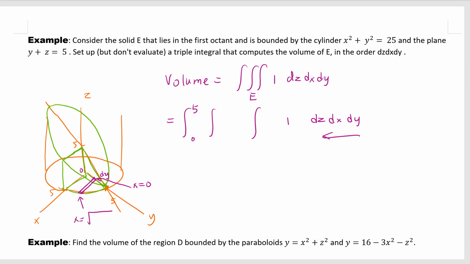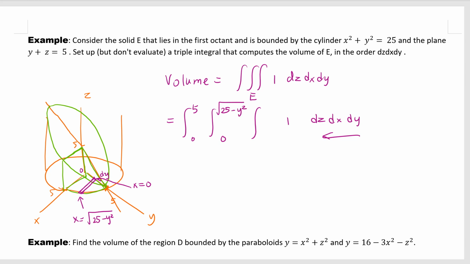So x equals the square root of 25 minus y squared. Is that okay, everybody? Because it's in the first quadrant in the xy plane, it's the positive square root. If it's in the bottom, then it's going to be the negative square root of 25 minus y squared. So here x is from 0 to the square root of 25 minus y squared.